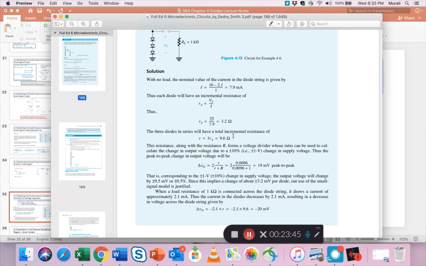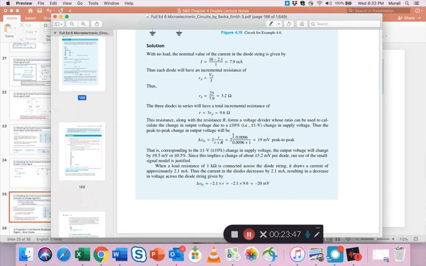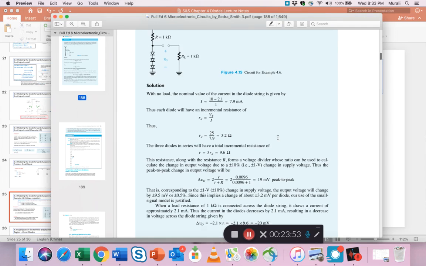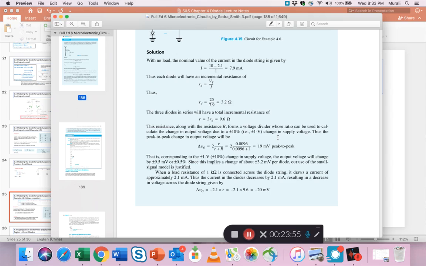It's about 3.2. So you really have a string of 3 resistances, right? So you can think of these 3 diodes as being replaced by 3 resistances. Once you have that, then the change in voltage across just the 3 resistances is easy to calculate, which is what he does using the voltage divider formula, and he comes up with that 19 millivolts peak to peak.